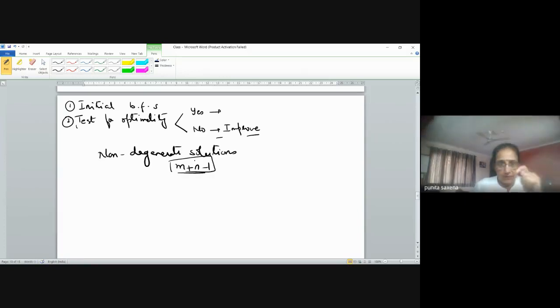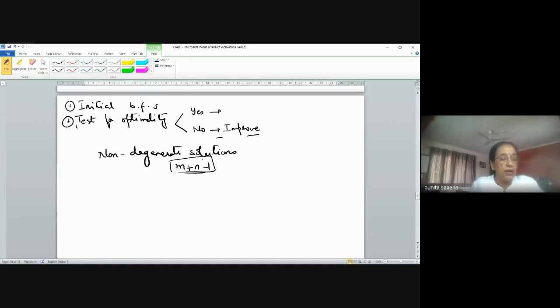They definitely won't be more, but they will be either less than or equal to m plus n minus 1. In case they are less, that is a degeneracy. So we allocate 0 to any cell where we had an equality, and then we move on, right?